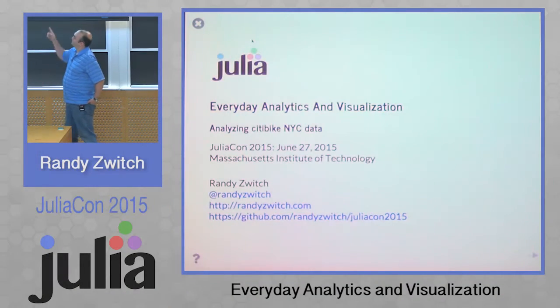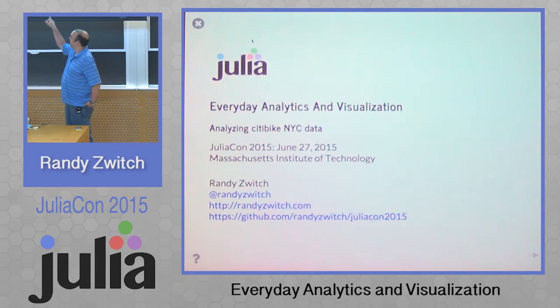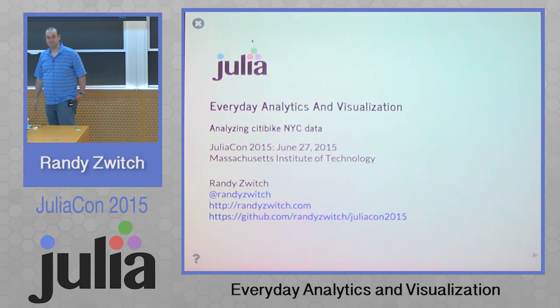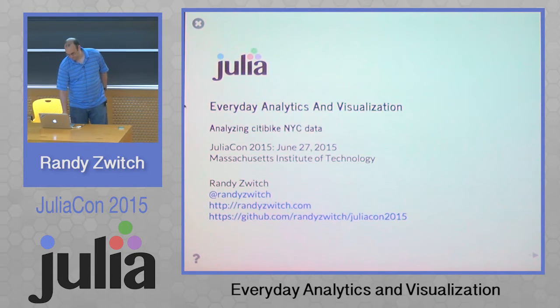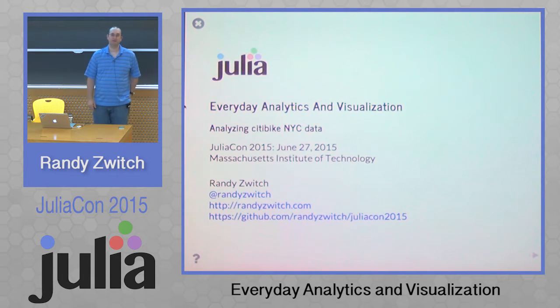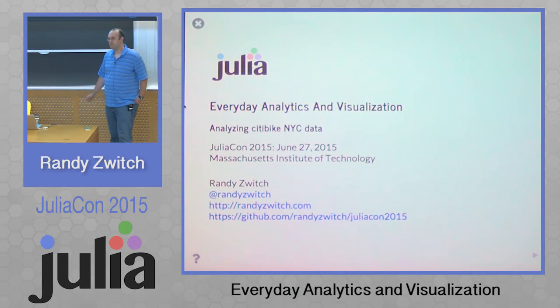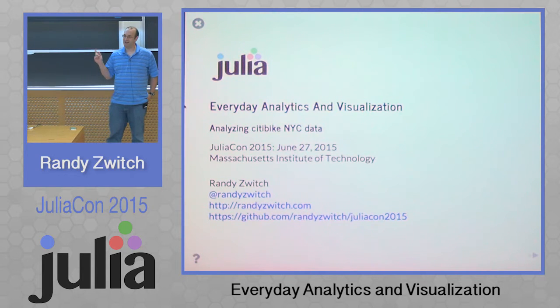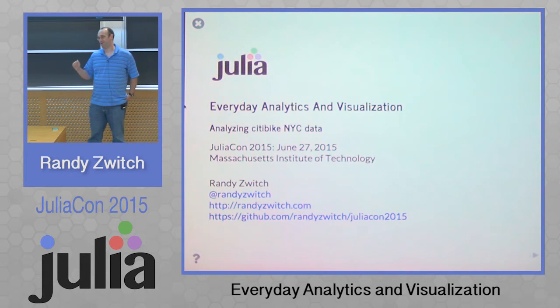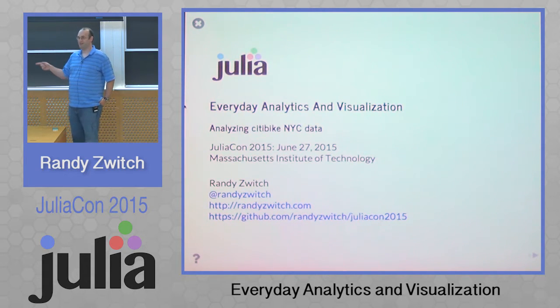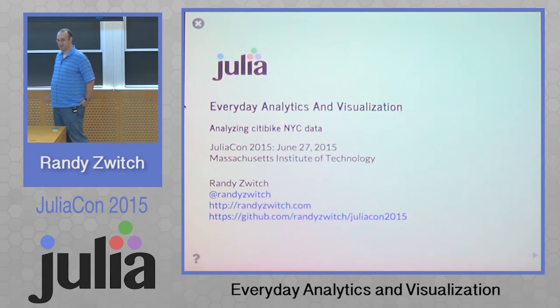If anyone wants to follow along, there are going to be 2 sets of slides you can download from GitHub, JuliaCon 2015. One thing to keep in mind is that there is a data folder with approximately 250 megabytes of data in it. You can either download it live over the Wi-Fi or from Amazon, or you can clone it from GitHub.